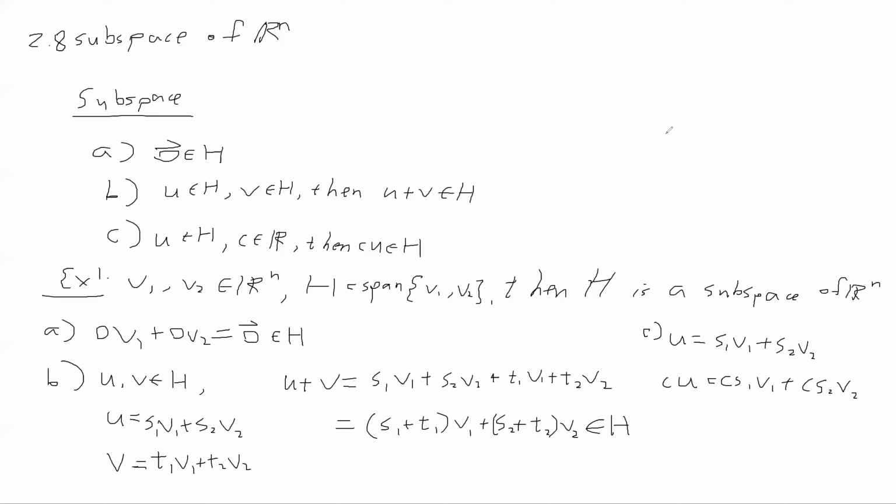And again, if you notice, these are again just scalars, right? C is a constant, some scalar. S1, S2, they are scalars. So these two things multiplied together are just another scalar. And then there we have it. We also still have a linear combination of V1 and V2. That means we can say that this whole thing is in H. And then we're done, right?